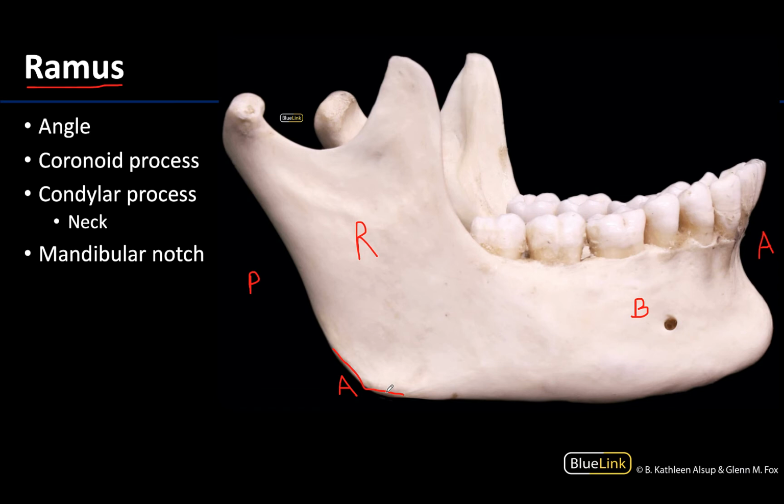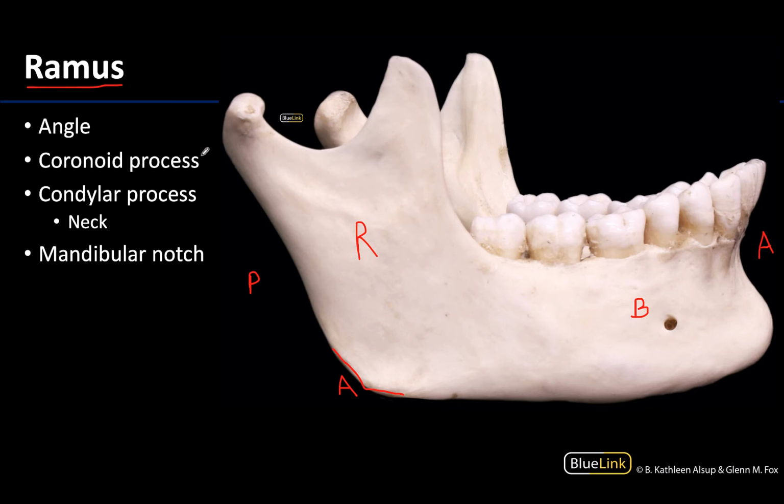Now, the ramus of the mandible is very important in terms of attachment sites for the muscles of mastication. In fact, all four muscles of mastication will have some form of attachment to the ramus of the mandible. So let's talk about the coronoid process, which is one such process.